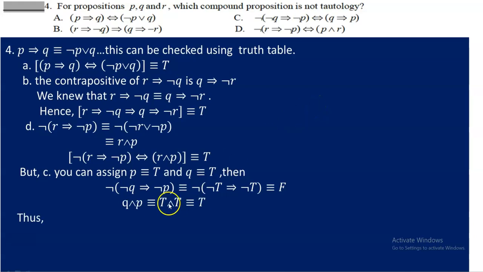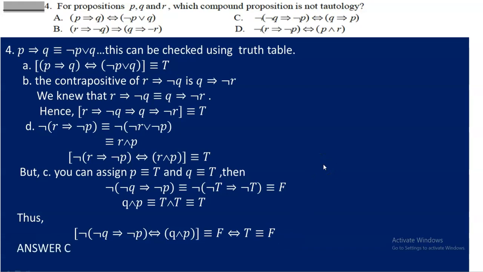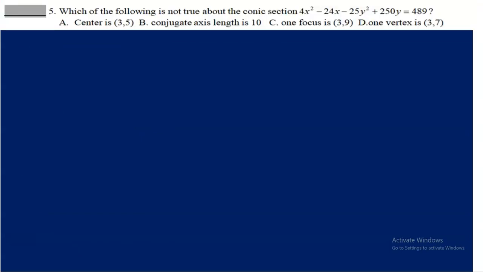So except the third one, that is C, the rest always yield the truth value T. They are tautologies, we can say. So the answer for this is going to be C. I hope you have understood the idea in a better way.